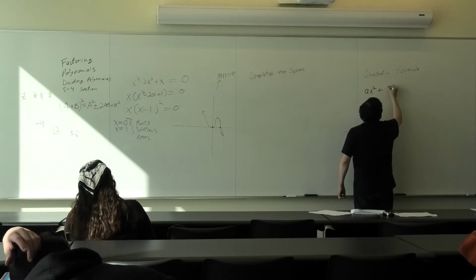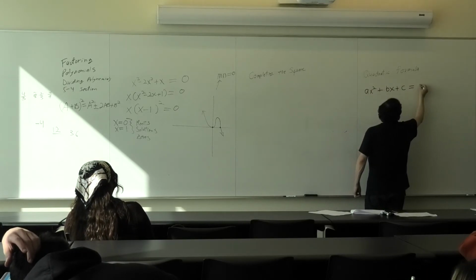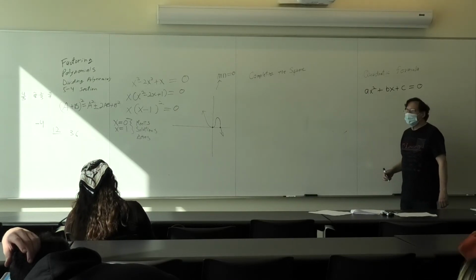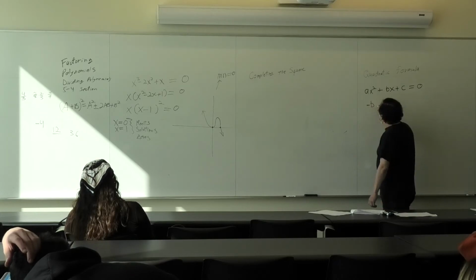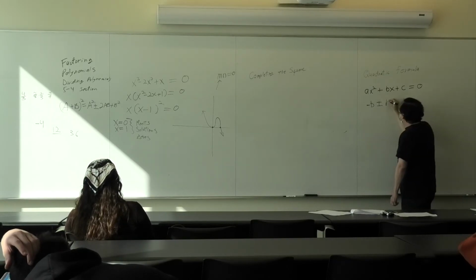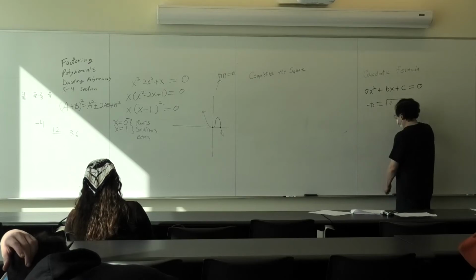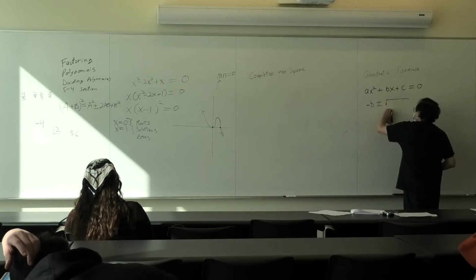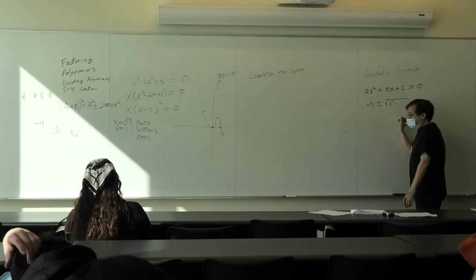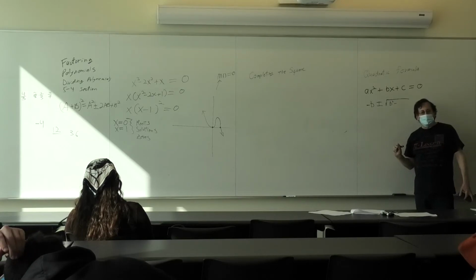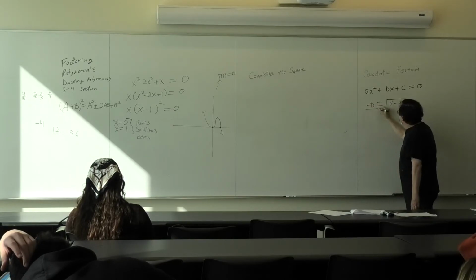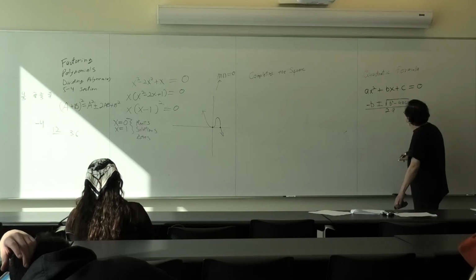Ax squared plus bx plus c equals 0. Do you want to try? b plus or minus the square root of b squared minus 4ac over 2a. It's a job to memorize this, right?